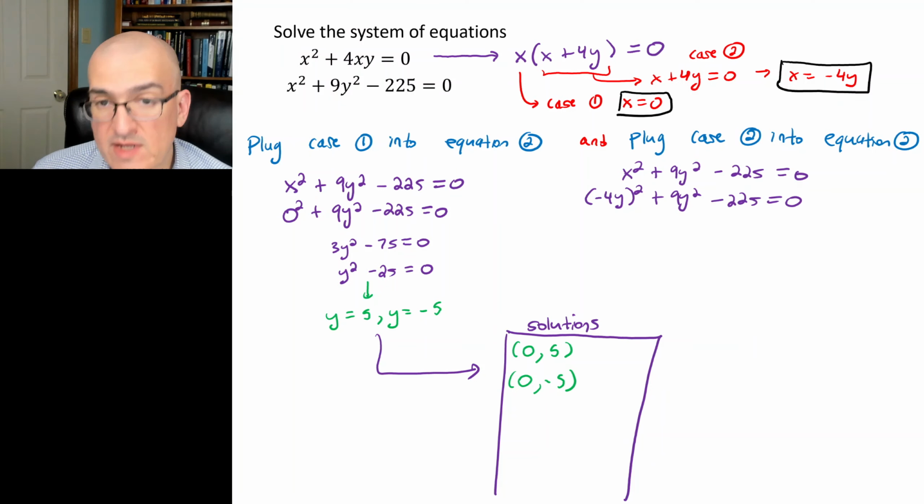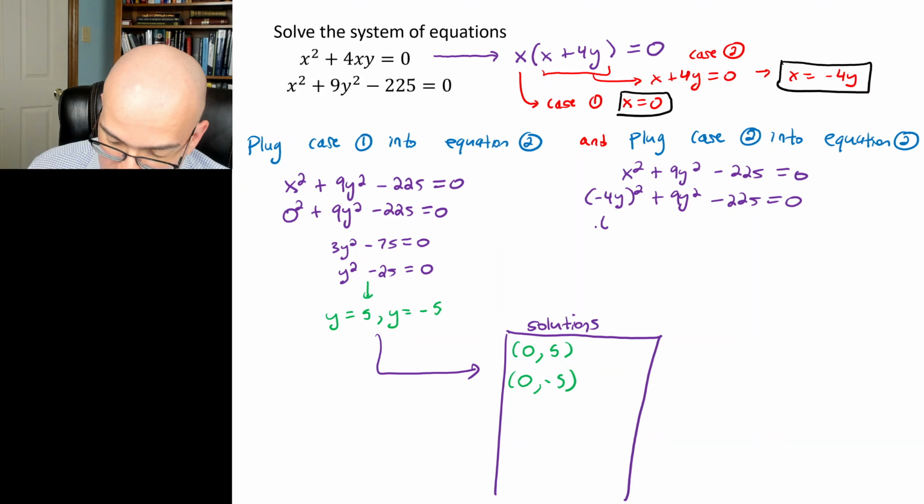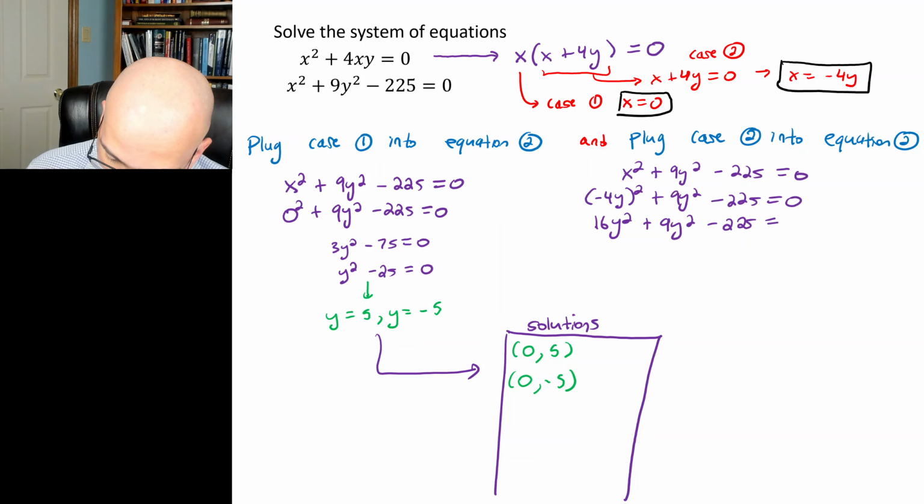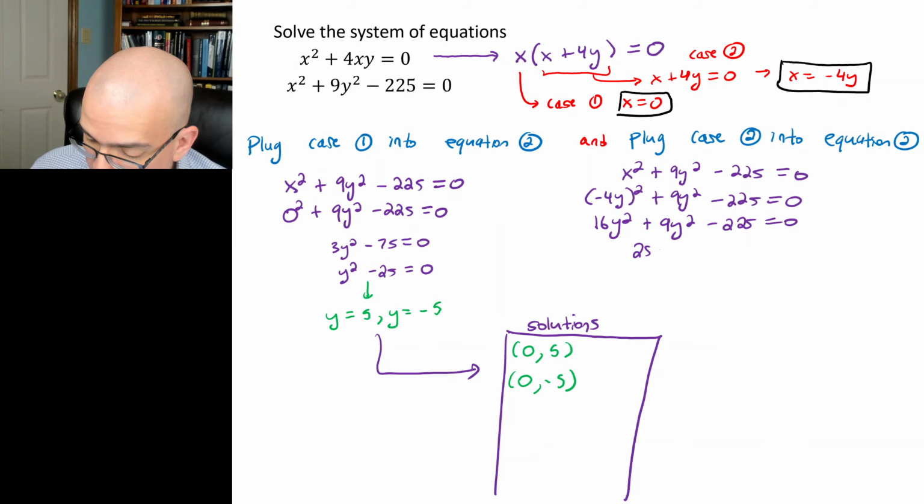When we square something in brackets, if we have a times b all raised to the power of 2, we can apply the power of 2 to both pieces separately. We get 16y squared plus 9y squared minus 225 is equal to 0. Collect like terms, 25y squared minus 225 is equal to 0.